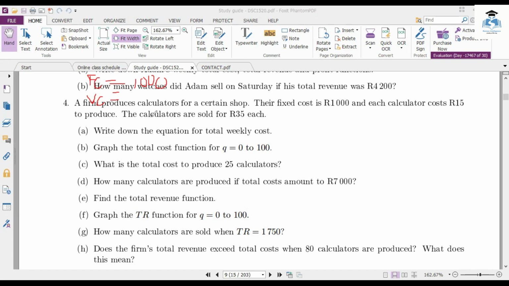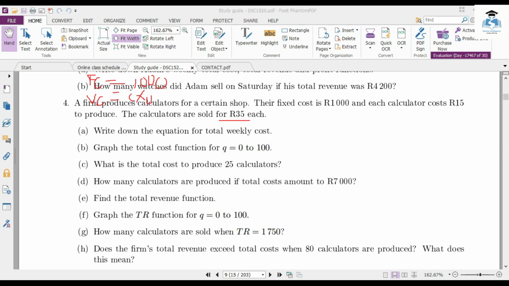I said our VC is 35Q. Why 35Q? Because the VC is price times quantity, and we know the price is 35 Rand. Price times quantity, that's your TR, total revenue. So your VC is C, the cost, times Q, the quantity.